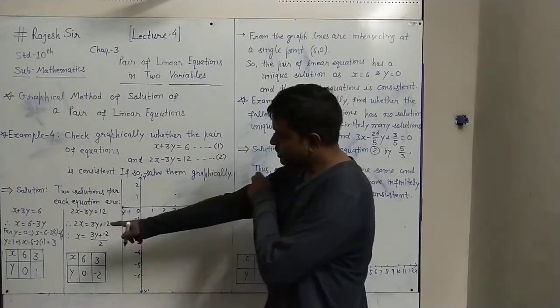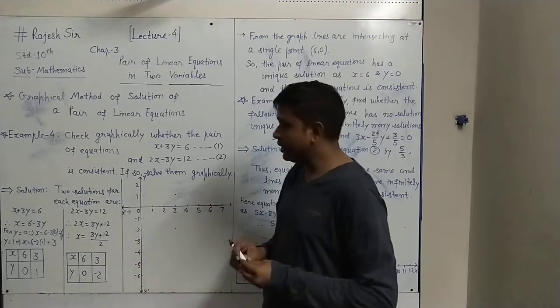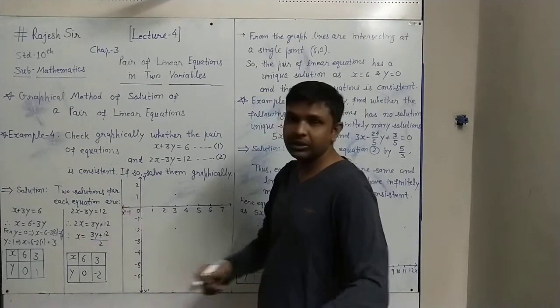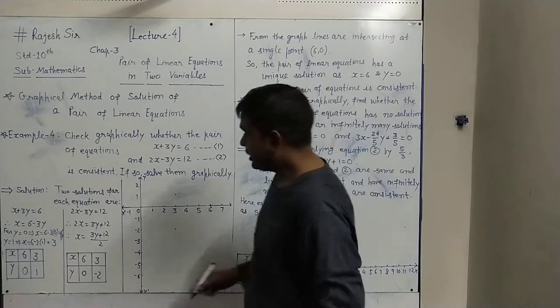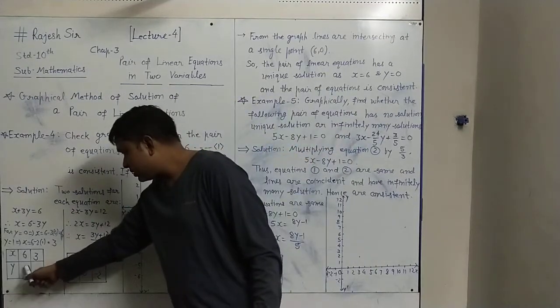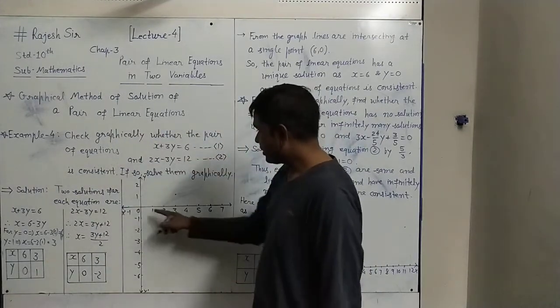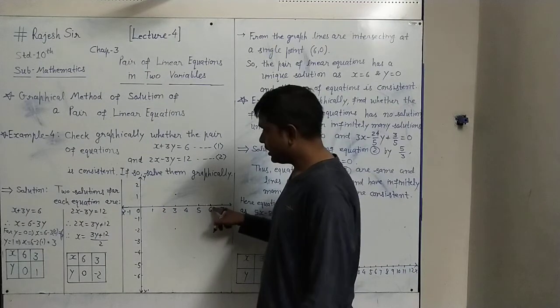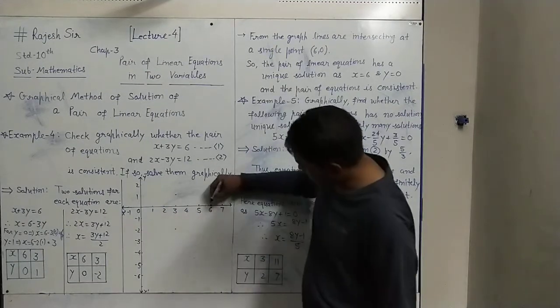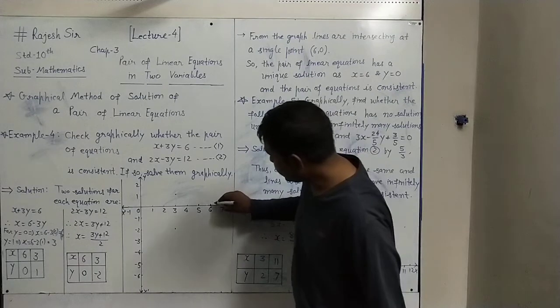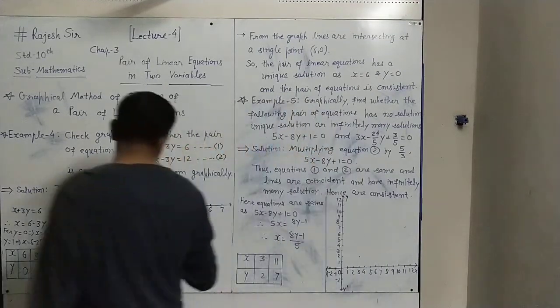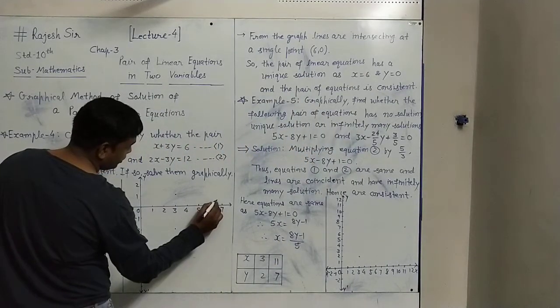Now we will show both equations on the graph, one line for each. For the first equation, where is the point (6, 0)? It is 6 on the x-axis and 0 on the y-axis. This point is (6, 0).